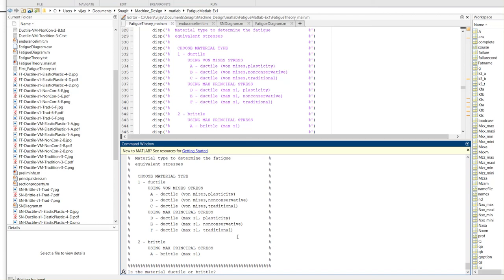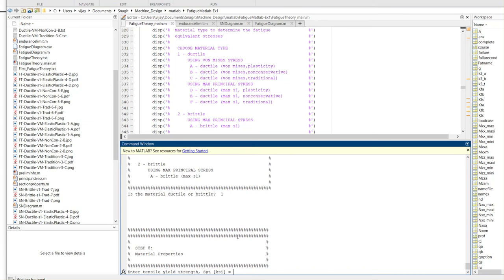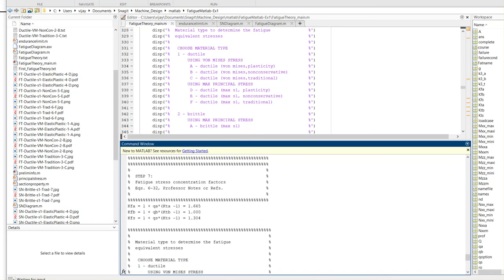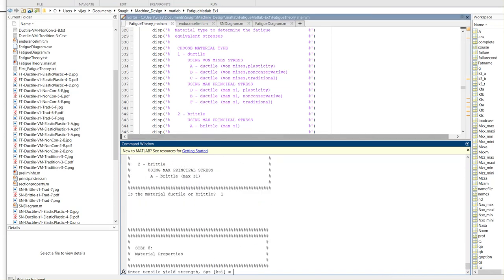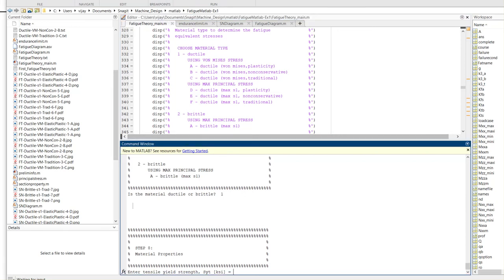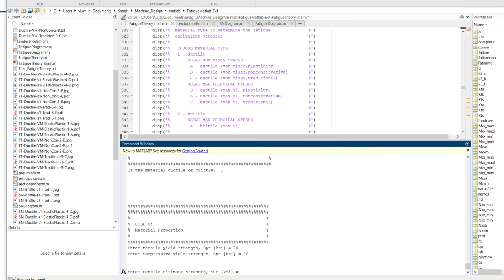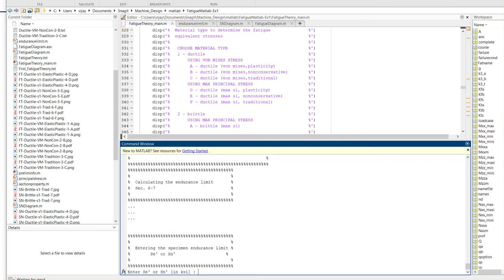Then you move on, and this is ductile material +1, and then it's asking for this again. So this was for the same value I put up here. This is 70, 70. This is 90, and these values come from the problem.